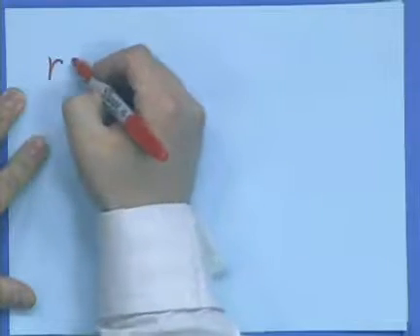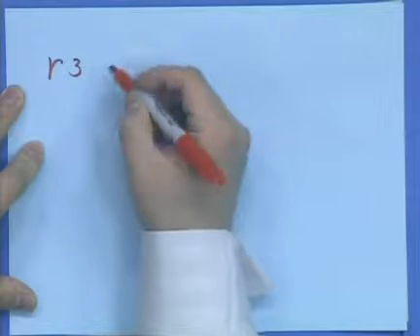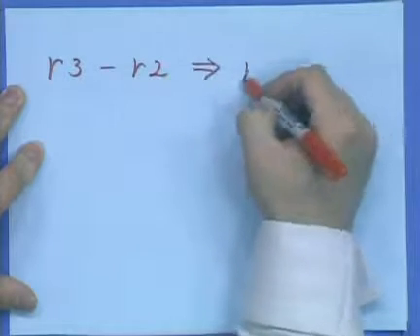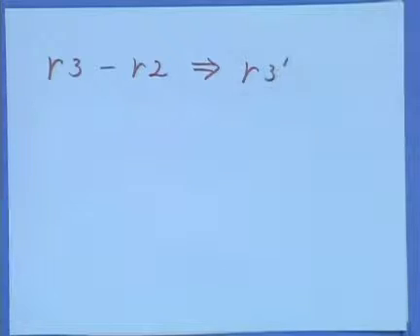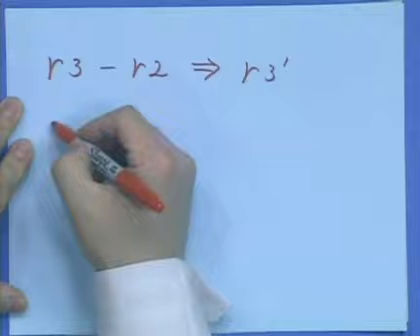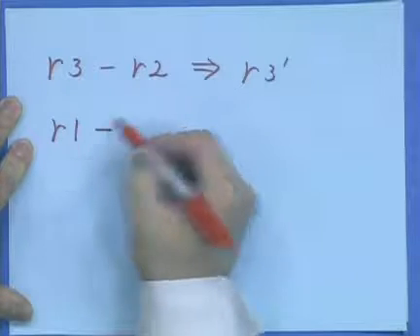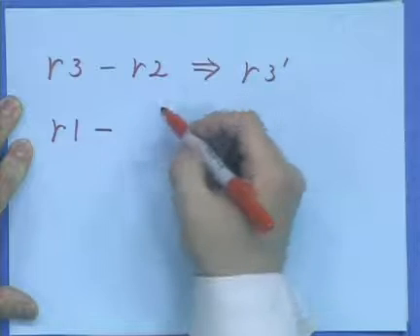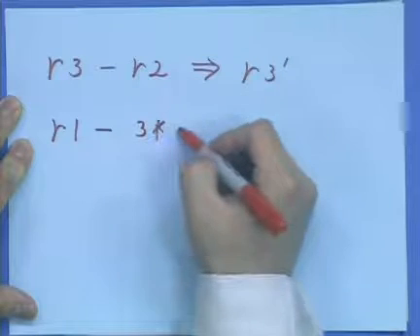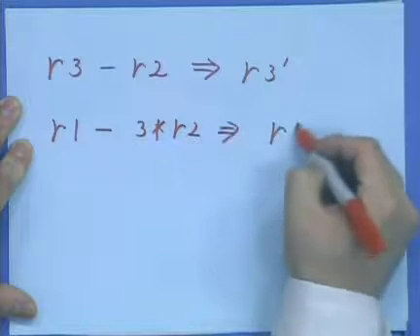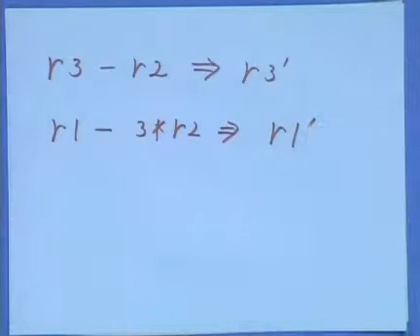So the last row, R3, minus the pivot row becomes the new R3 row. The second row, R1, becomes 0 by subtracting 3 times the pivot row, becoming the new R1 row.